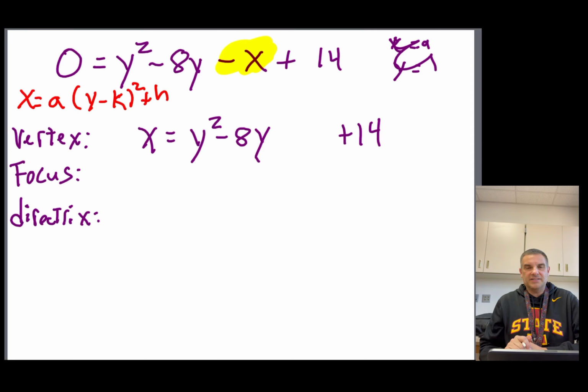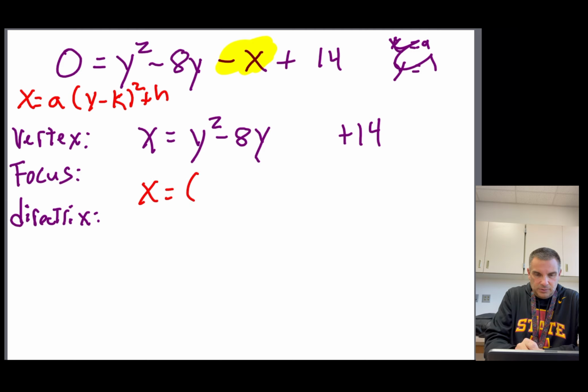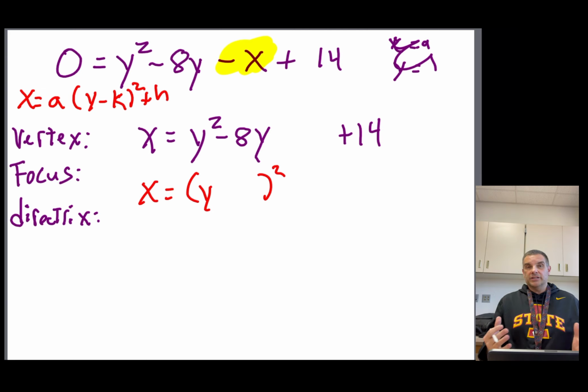That's the form that we have to have it in. Okay, so that means essentially we've got to complete the square. So we have to change this around a little bit so that we have x equals y minus something squared.